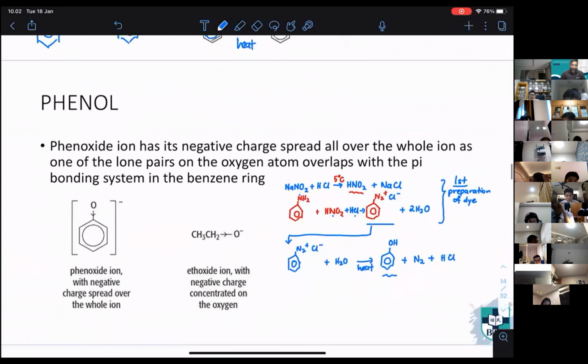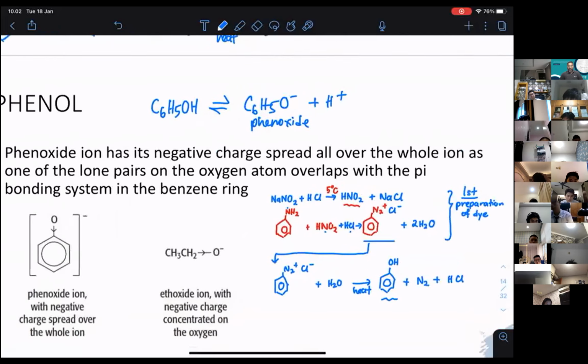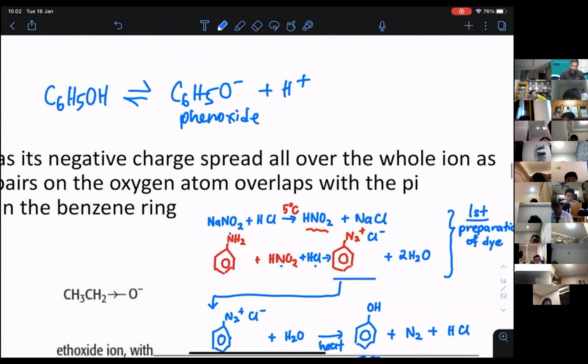So if you have phenol, C6H5OH, it has the tendency to give you C6H5O minus and H plus. So this is phenoxide. Now with this phenoxide, the negative charge, or the lone pair of electrons, has the tendency to overlap with the pi bonding system of the benzene ring.